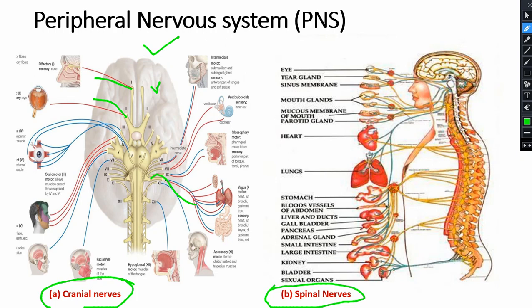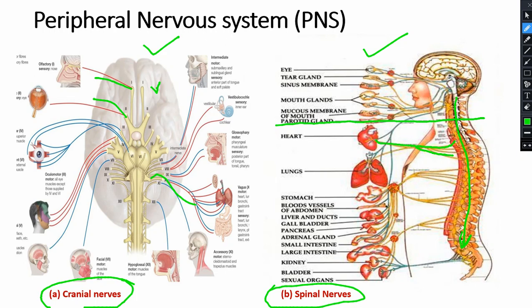Now look at the spinal nerves. Up to here we had the cranial nerves. Now after the cranial nerves, look at the spinal nerves. These nerves branch off or come out from the spinal cord and are distributed to all parts of the body.